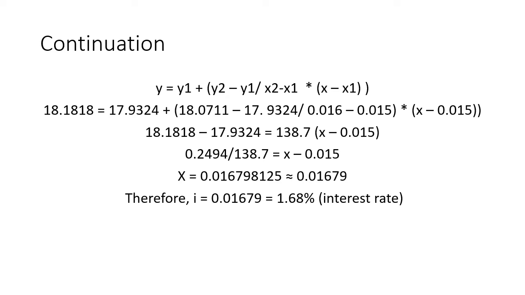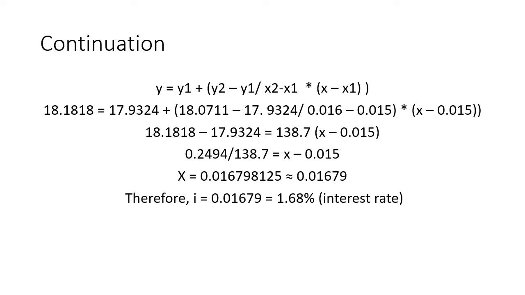Therefore, y1, which is 17.9324, plus y2, 18.0711, minus 17.9324, which is y1, divided by x2, which was the interest rate, 0.016 minus x1, 0.015, times x, which we are looking for, minus 0.015, which is x1.